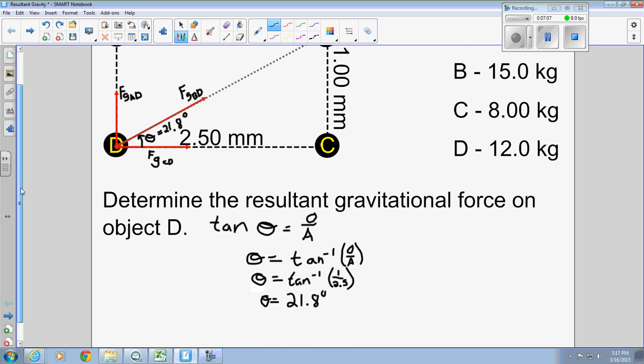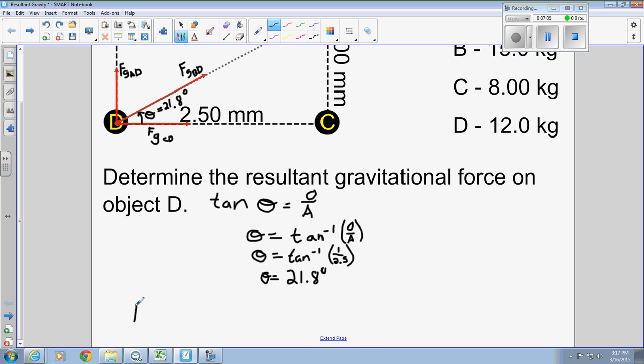Now, force of gravity is equal to, besides the fact that it's equal to mass times acceleration due to gravity, it's also equal to our gravitational constant times the mass of object 1, the mass of object 2, all over the distance between them. We call that the radius squared. And if we have three objects, we're going to need three different forces of gravity.